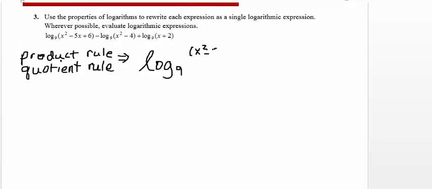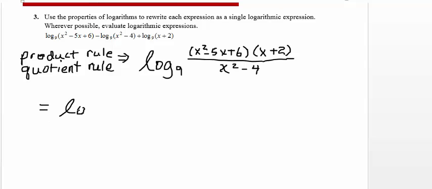So x squared minus 5x plus 6 and x plus 2 are in the numerator of this base 9 log. And then the x squared minus 4 is in the denominator. So I've used both the product and the quotient rule here to condense.